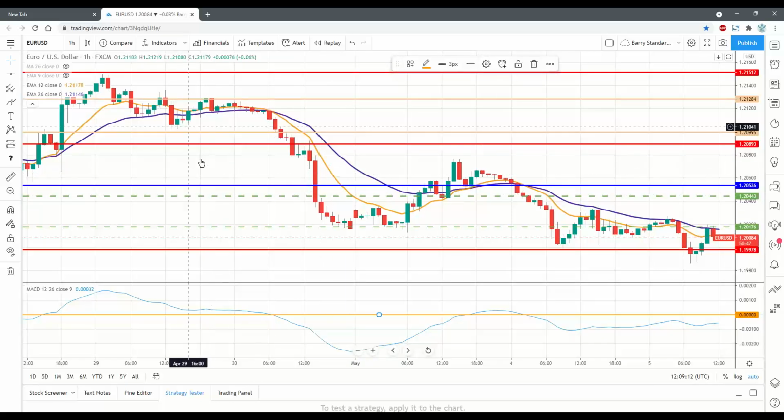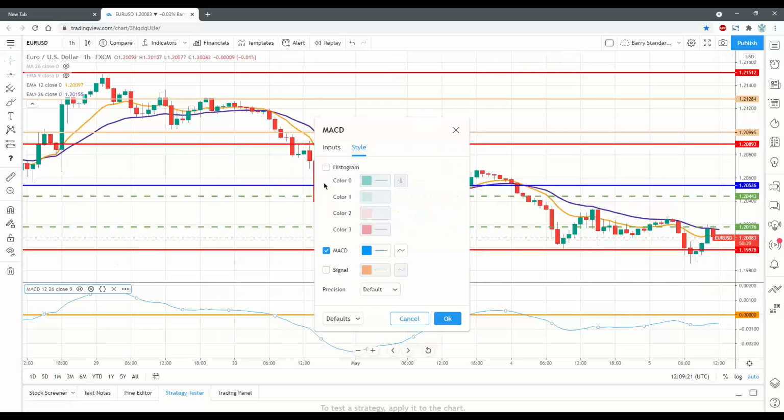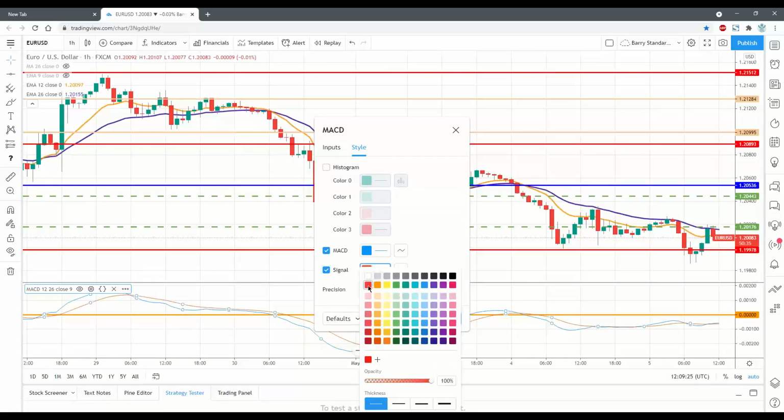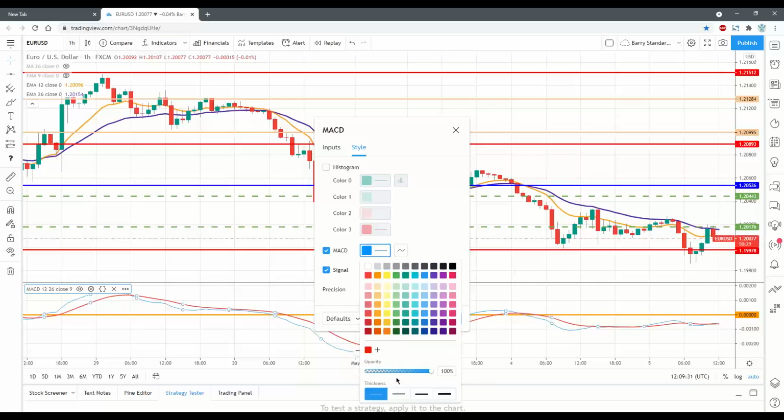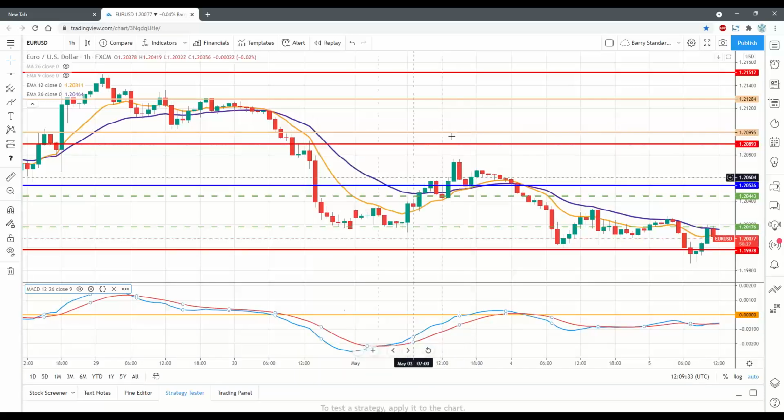Now, Gerald Appel took his indicator one step farther and added on what we call the signal line. The signal line is a 9-period moving average of the value of the blue line.